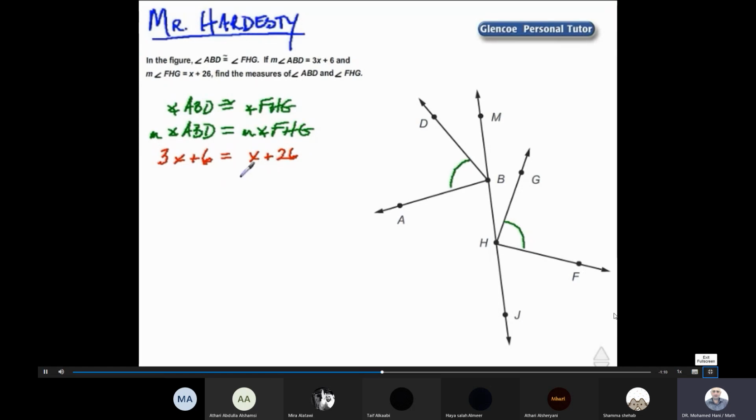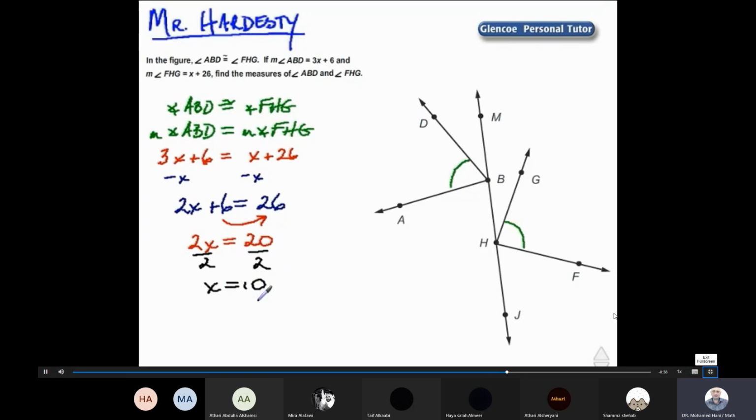Now we'll use algebra to solve for x. Let's subtract x to put them on one side of the equation. So we have 2x when we subtract, plus 6 equals 26. Subtract 6 to this side, so 2x will equal 20. And finally, we'll divide by 2, and x is equal to 10.